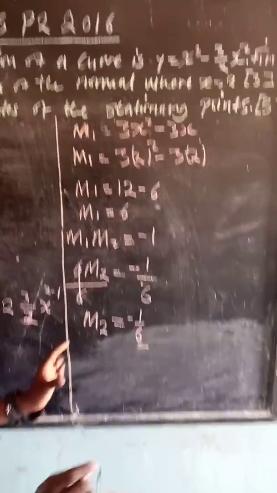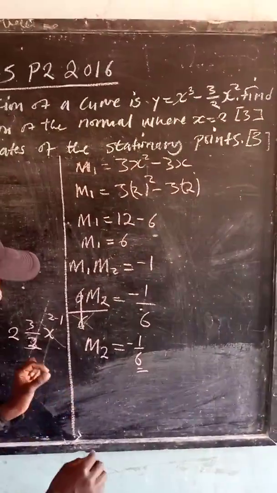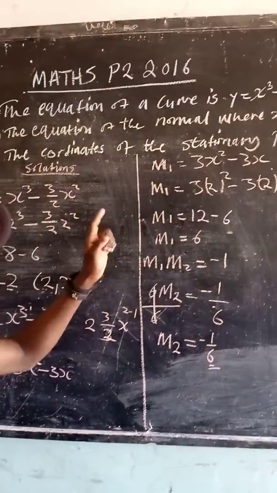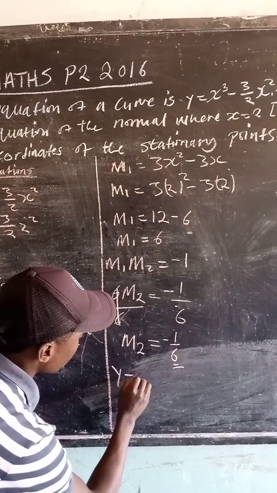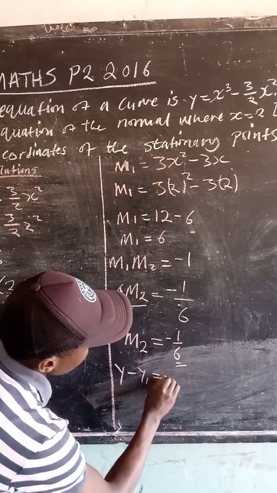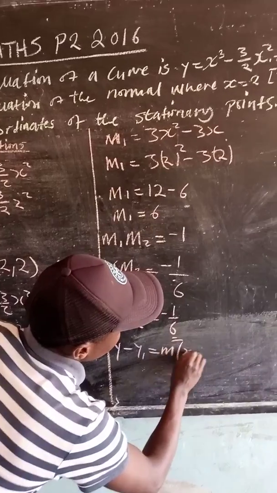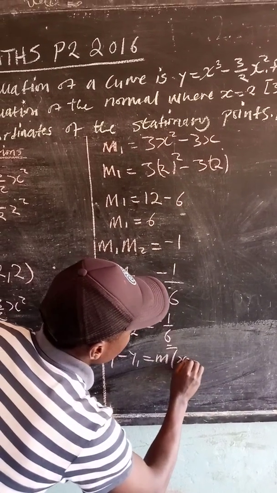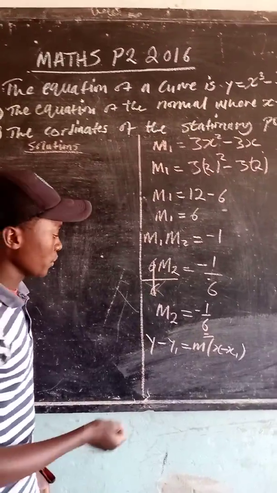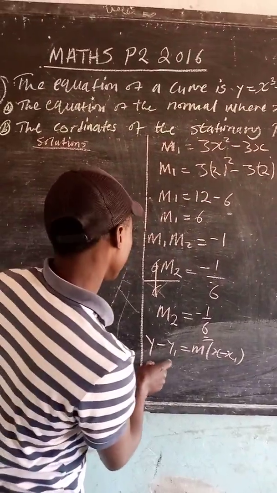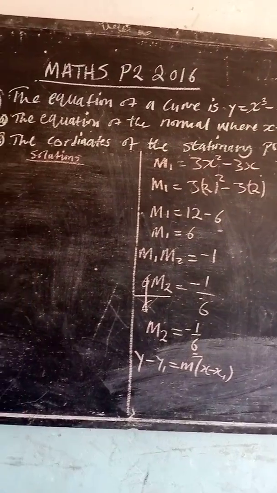Once we have this, we can now find the equation of the normal, which is given by the following formula: y minus y1 is equal to m(x minus x1). So we use this equation to find the equation of the normal.